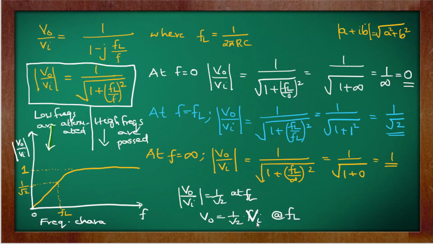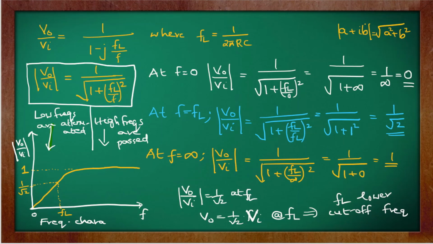Hence I call this the cutoff frequency. Above the cutoff frequency, almost all is passed. Below the cutoff frequency, there is very high attenuation. Hence FL is called the lower cutoff frequency.